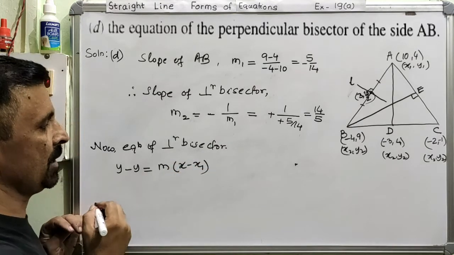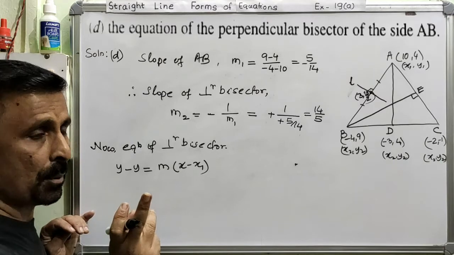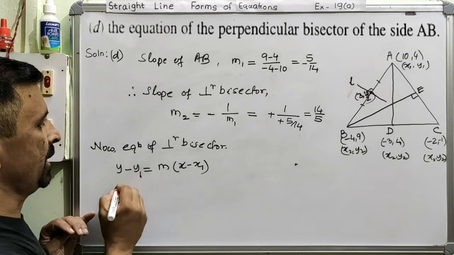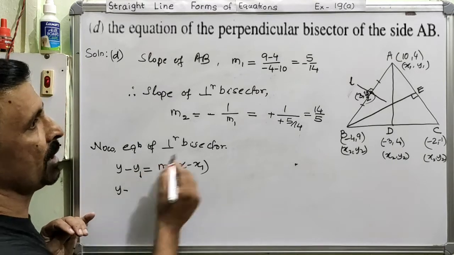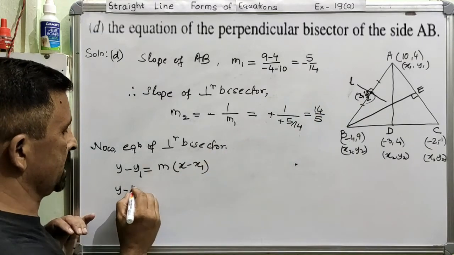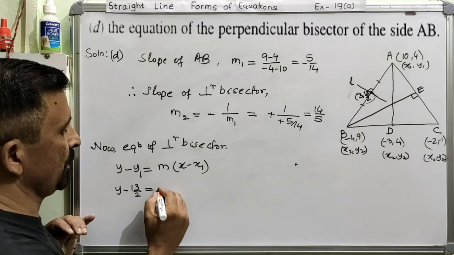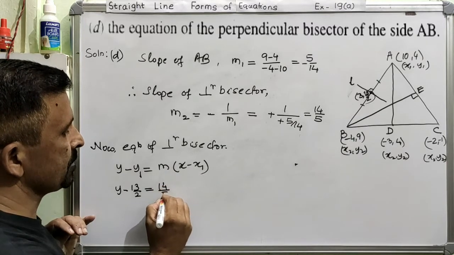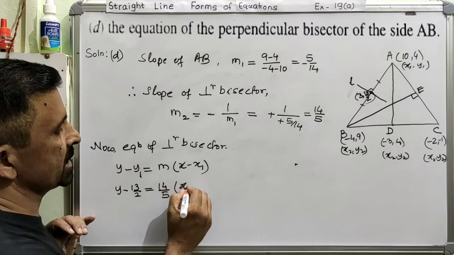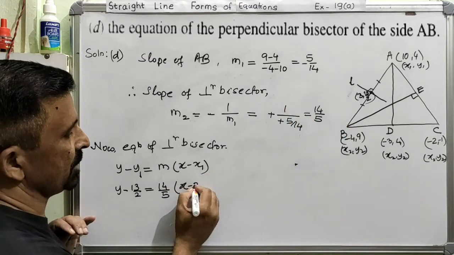This is the formula when you have one slope and one point. y minus y1 is y minus 13 over 2, equal to slope 14 over 5, now x minus x1, and x1 is 3.